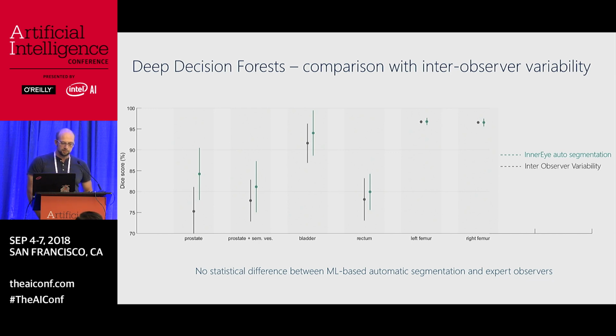And we've seen this picture where we have the mean, the median and the standard deviation. It's actually half a standard deviation. So we've seen that, statistically speaking, the machine learning model that we've developed is not much different from another human performing the same task.